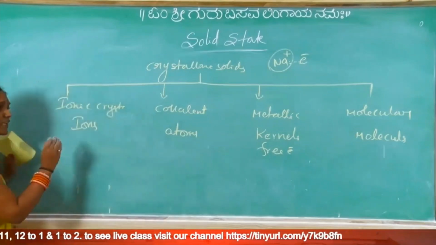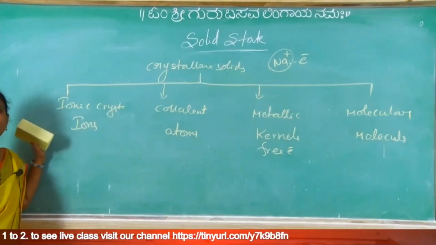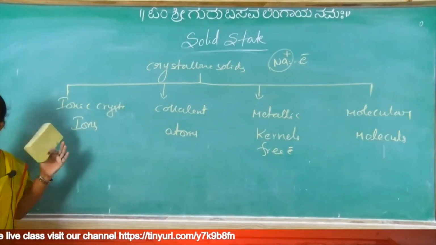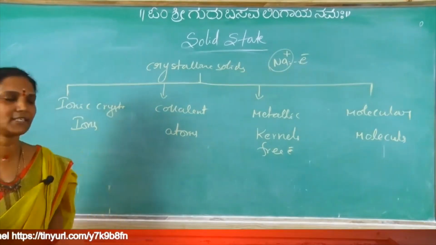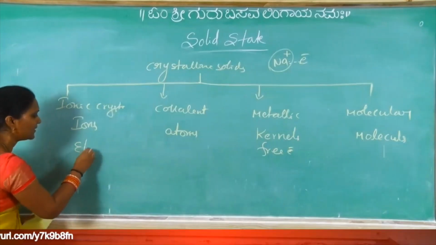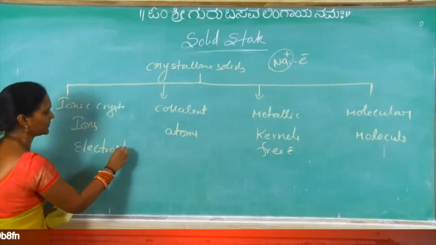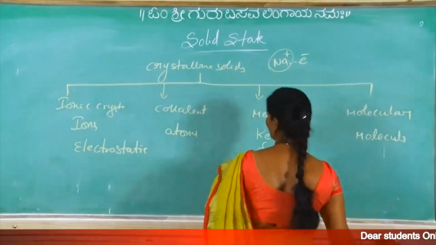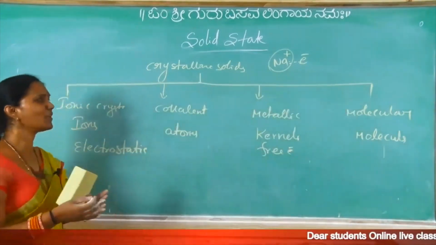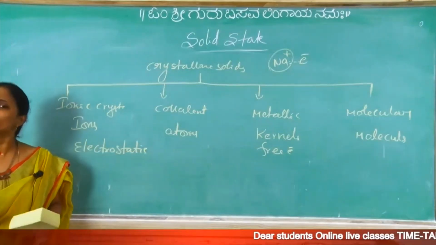Next, what are the interactions between these particles? Ions are bonded by ionic bond, and ionic bond means electrostatic interactions. So here the interactions are electrostatic interactions. And in covalent crystals, covalent bond means sharing of electrons.